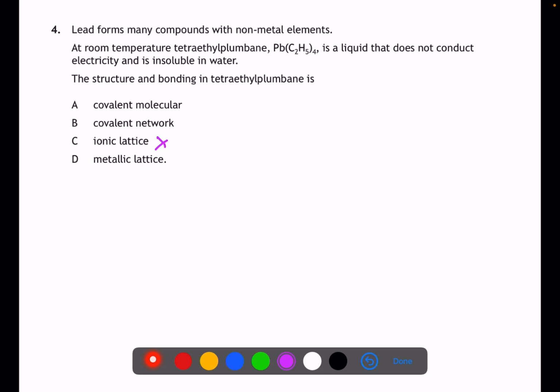However, if we have a look at the properties that were shown, at room temperature it's a liquid, so this means it has a low melting point. It does not conduct electricity, which an ionic substance would if it was a liquid, and it's insoluble in water. Ionic substances tend to be soluble in water. This would indicate that we have a covalent substance. Because we have a low melting point, that would show us that we have a covalent molecular substance, A.